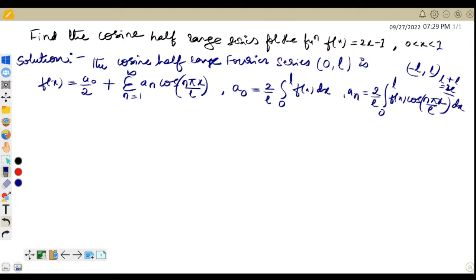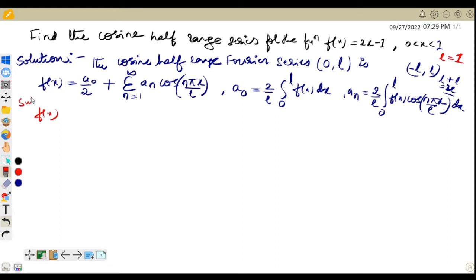Now let us take the value of L. Here the interval is 0 to 1, therefore the L value is 1.